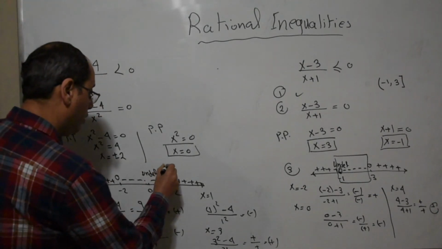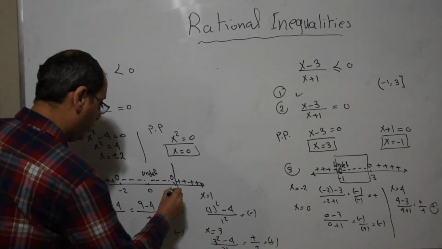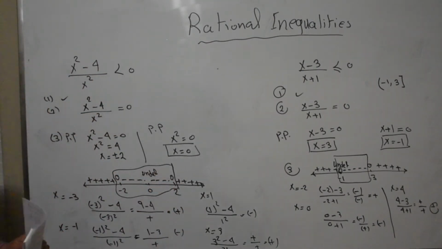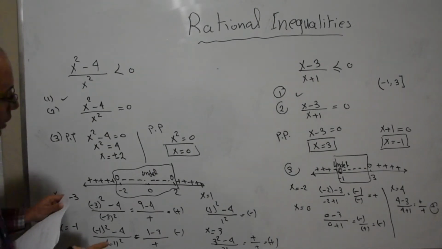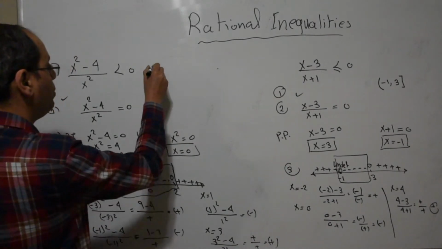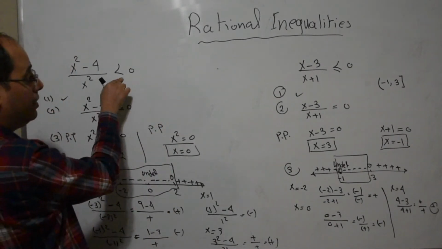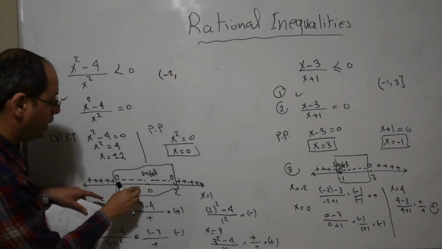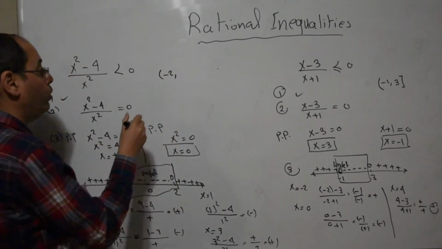So now, here is my desired interval. But, watch, I have a hole at 0. So I start from -2, and this is less than, so there is no equal. So I start with -2. And then I stop at 0 because I have a hole.